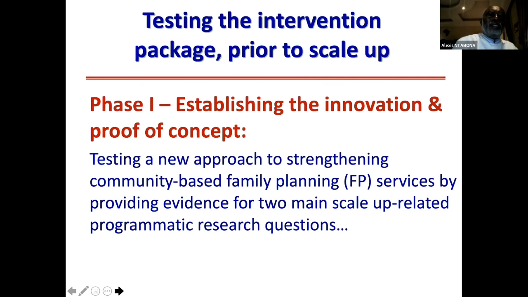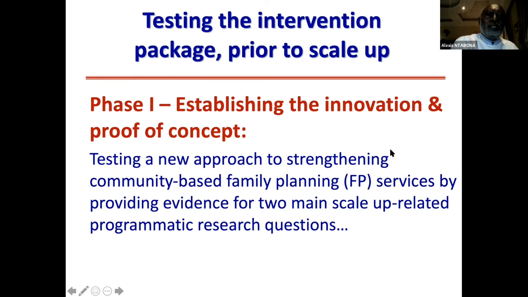It is through that thinking that Tulane University and their partners started the phase, which was to test the intervention, the package of intervention, and with a very implicit but very clear in mind that they will try and scale it up.